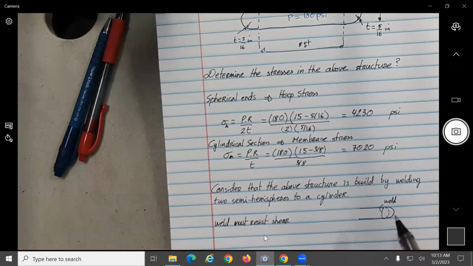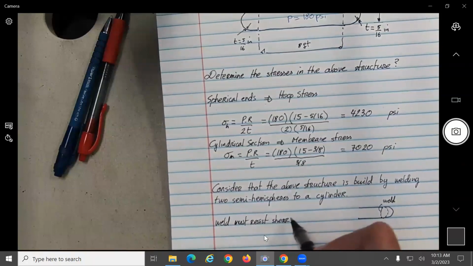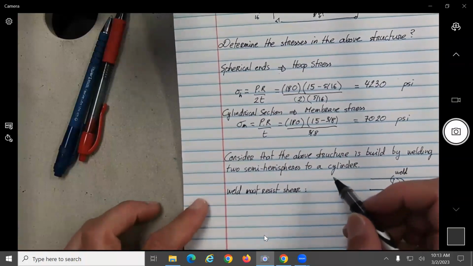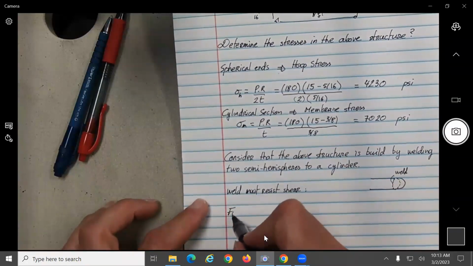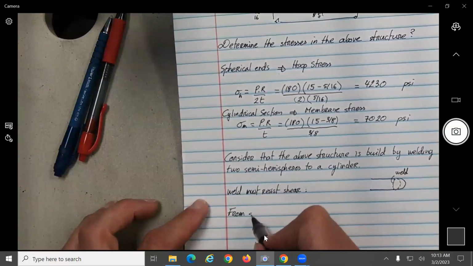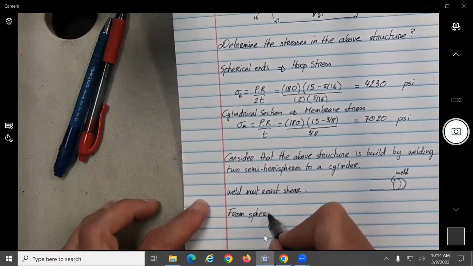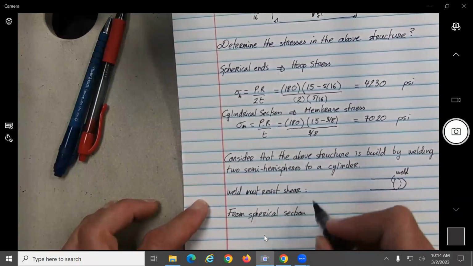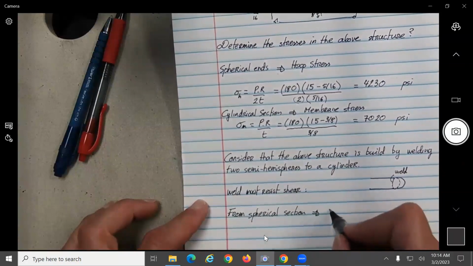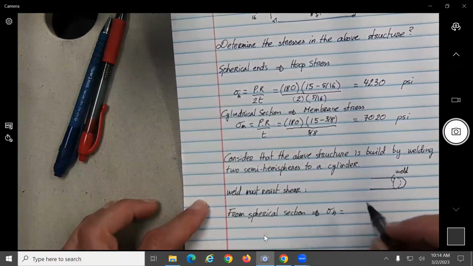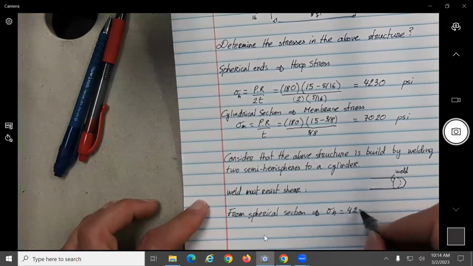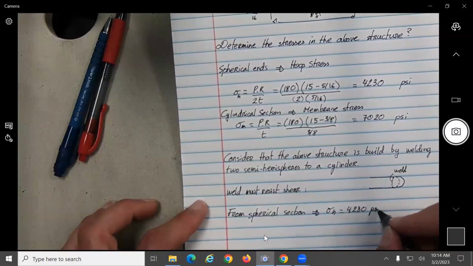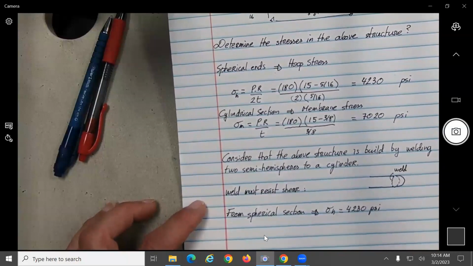Okay, so we look at the hemisphere. Sorry, I will look at the sphere, because that's what we're welding, okay? For that section, we calculated that the maximum hoop stress will be equal to 4,230 PSI, no?